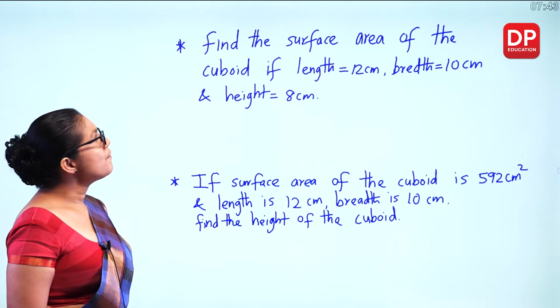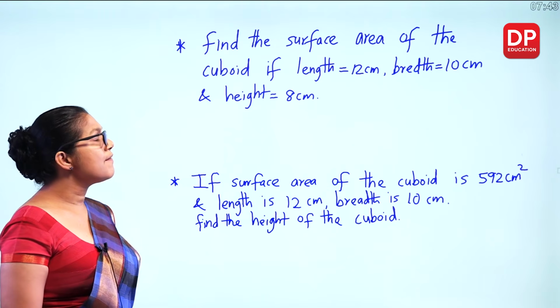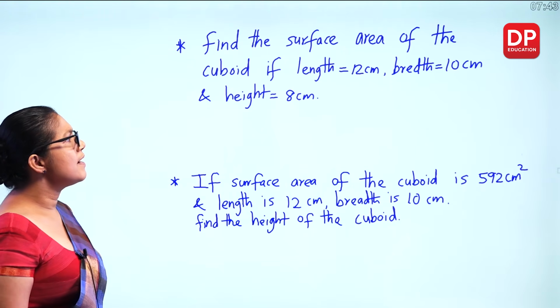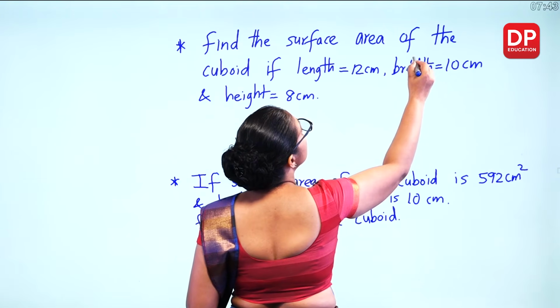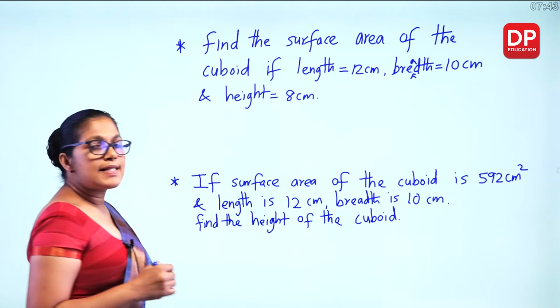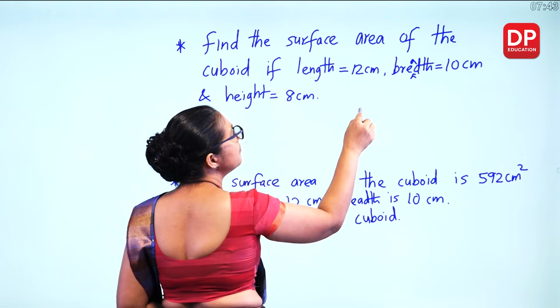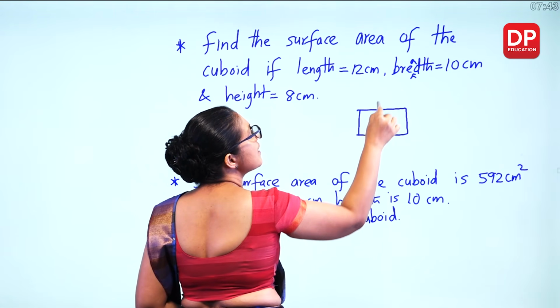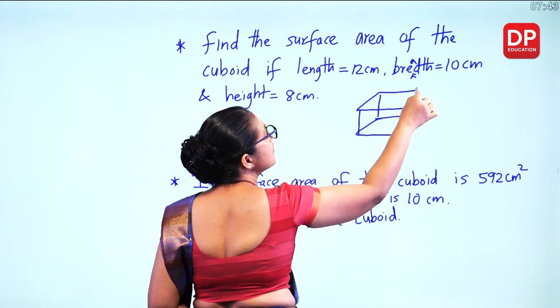We'll take this one. Find the surface area of the cuboid. If length is given 12, breadth is given 10 centimeters and height is given 8 centimeters. So here we'll try to sketch the diagram. So that means a rectangle and another rectangle you can draw and then connect.